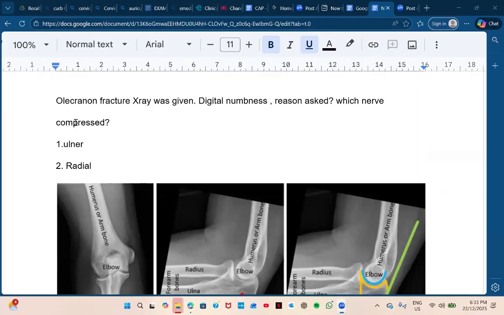So, next one is olecranon fracture, X-ray was given. Digital numbness. The question asked which nerve is compressed. Type your answers in the chat. What do you think? Is it ulnar or radial?